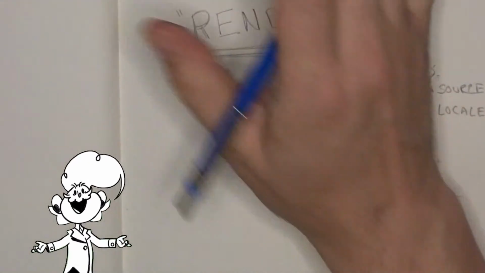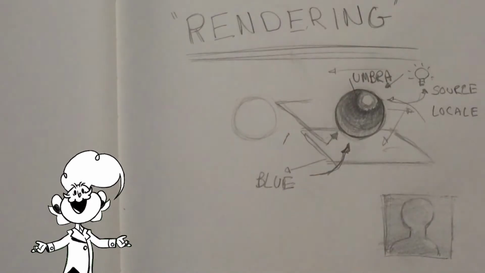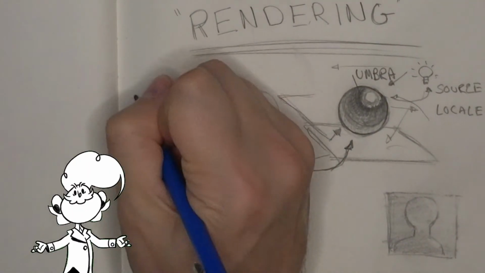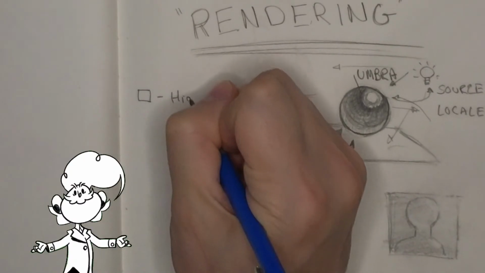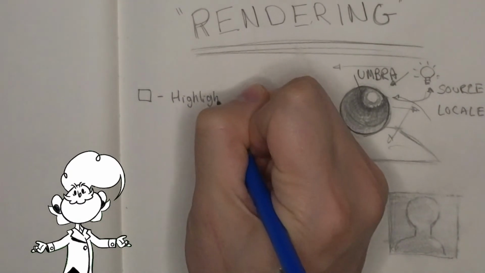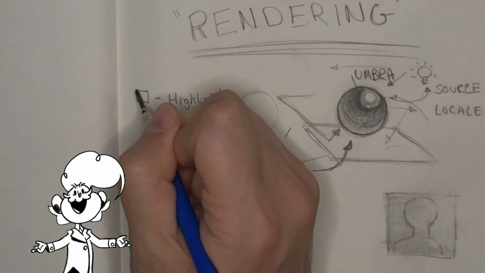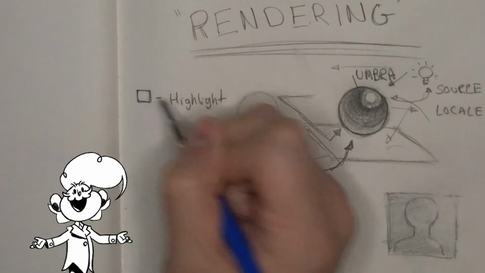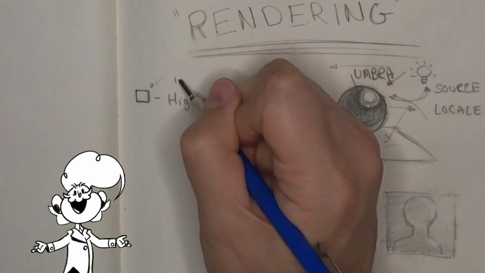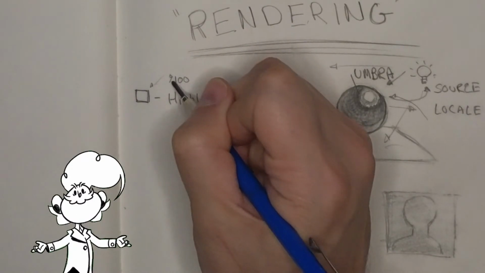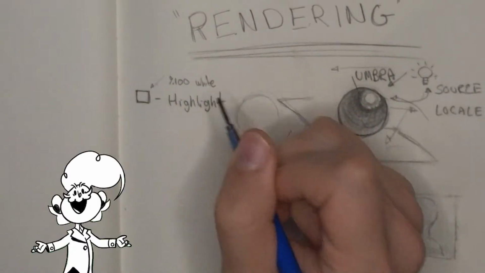So to define our terms here a little bit, and also the values. Highlight, like it sounds, is the light that is most high. It's probably going to be something like a full white, like 100% white or pretty close to it.